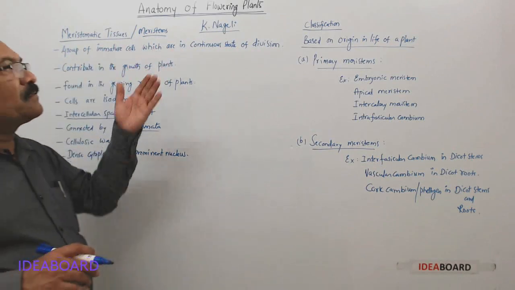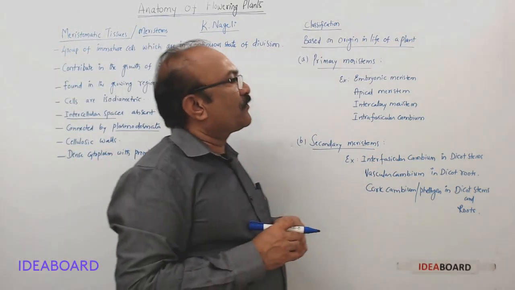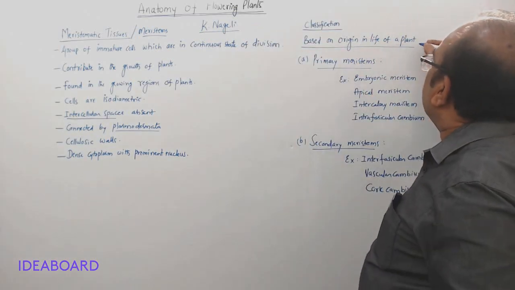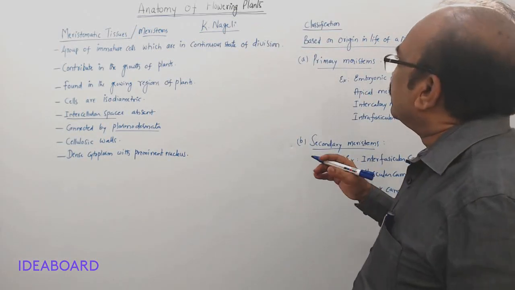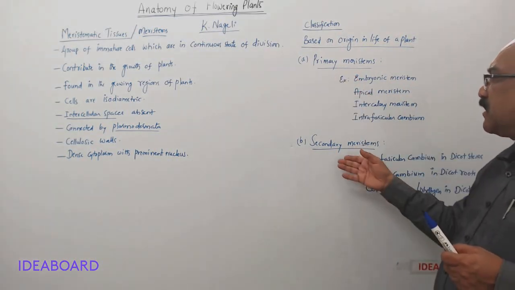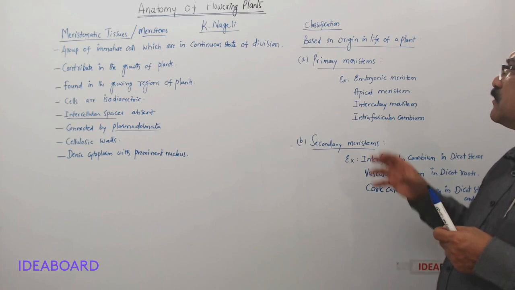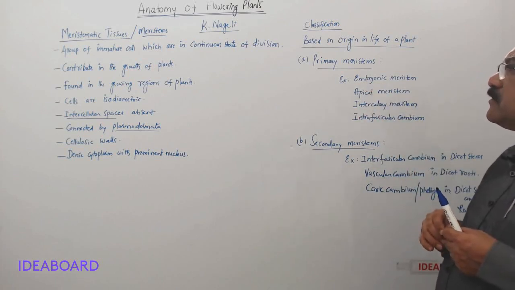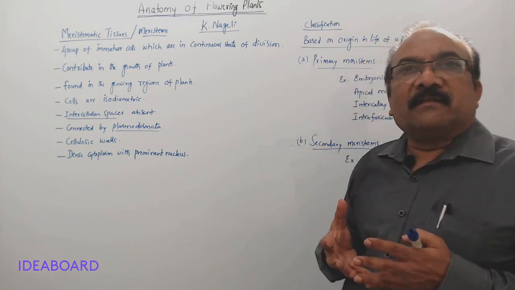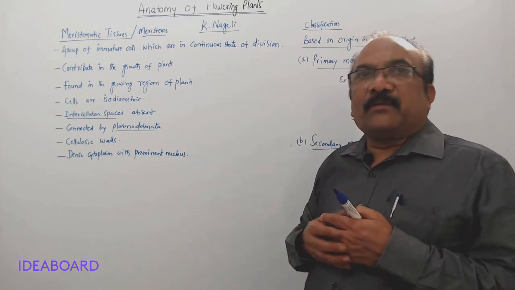And now let us discuss the classification of the meristems. Based on the origin in the life of a plant, you will find two types of meristems here: the primary meristems and secondary meristems. The primary meristems are there right from the beginning, that is the embryo.